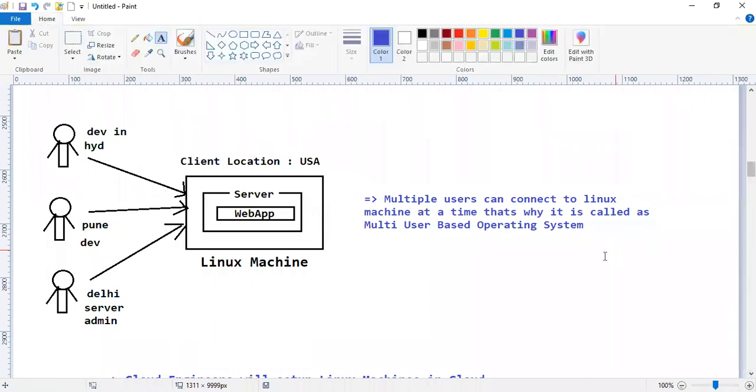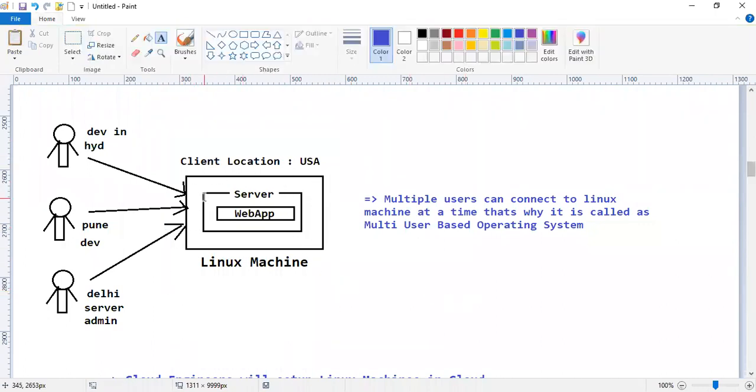In the real time, if you join a company, TCS or Infosys or whatever it is, any MNC company or any startup company, do you think that they are going to deploy your project in the Windows computer or Linux computer? They are going to deploy your project in the Linux computer.